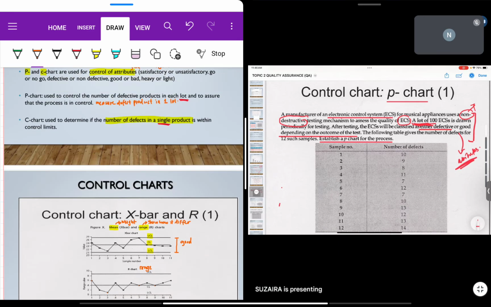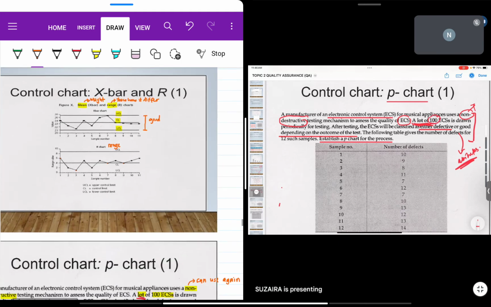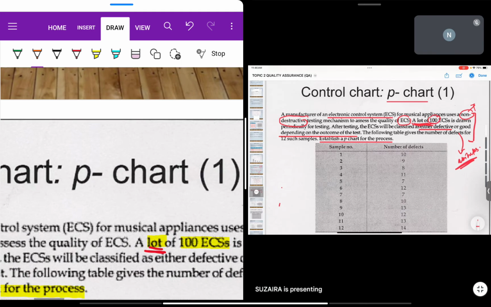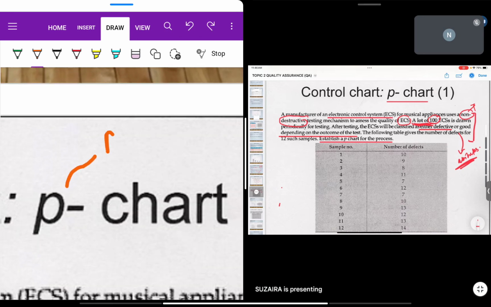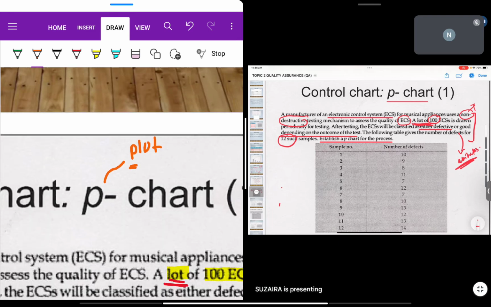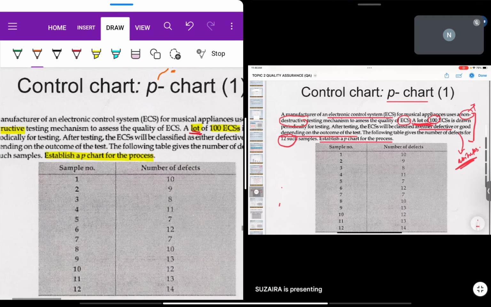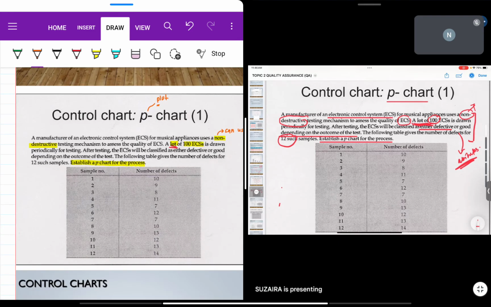So a lot here consists of 100, and 100 is drawn. From that 100, they only choose 12 samples. The following table gives the number of defects for 12 such samples. And here they ask you to establish a P chart for the process.